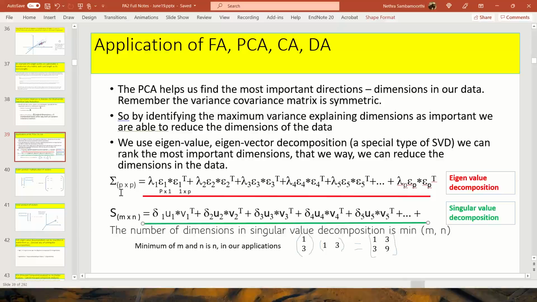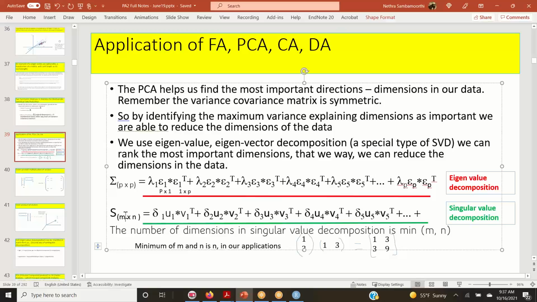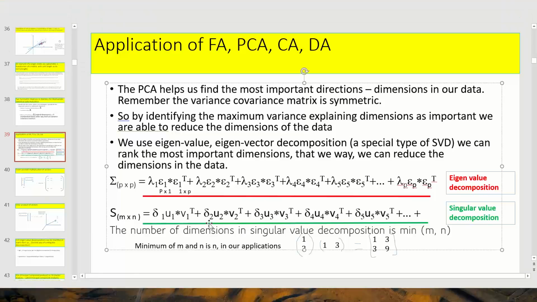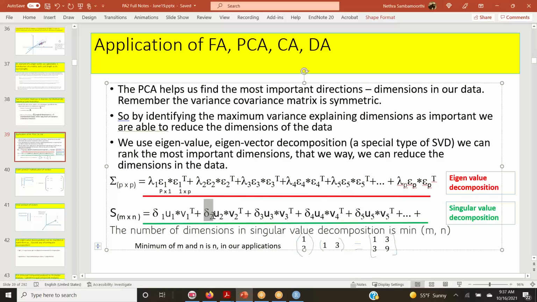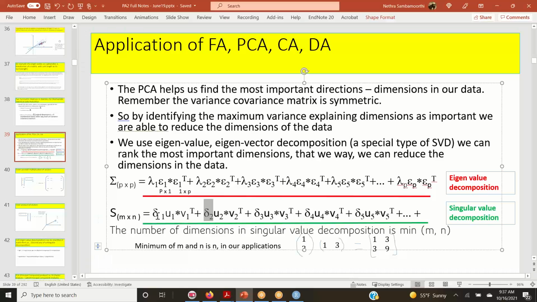So it is symmetric here, but it is not symmetric here. So there are some deeper issues going on here. Again, there is a second scalar value, and we call these singular values, not eigenvalues. But it has the same mathematics here, in the sense that I am able to decompose, that is, take it into parts so that I can add them and get back.